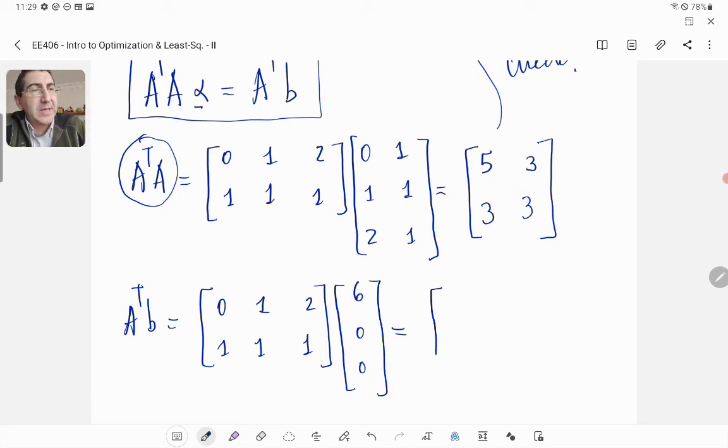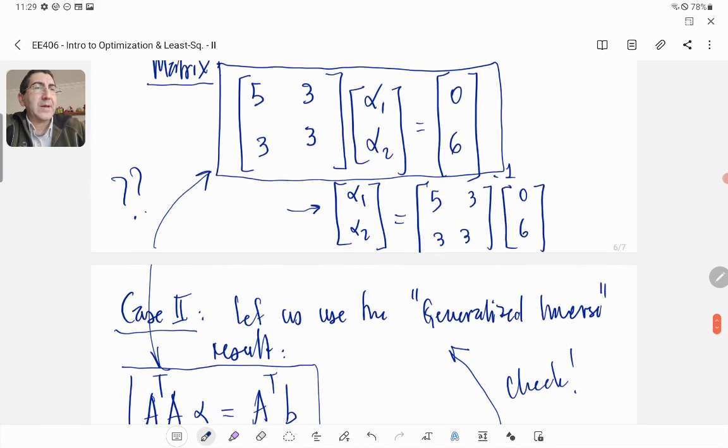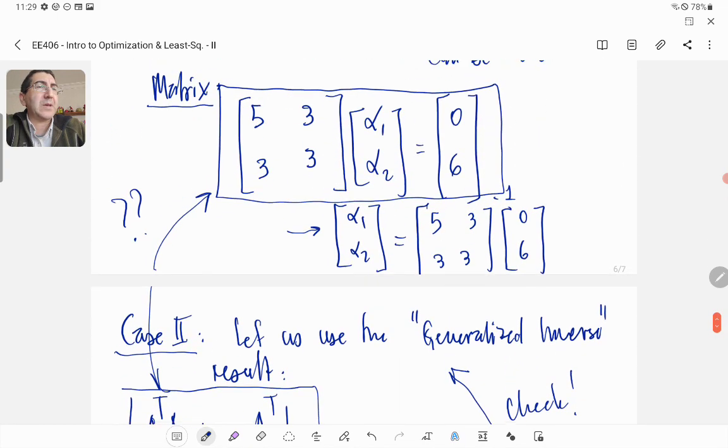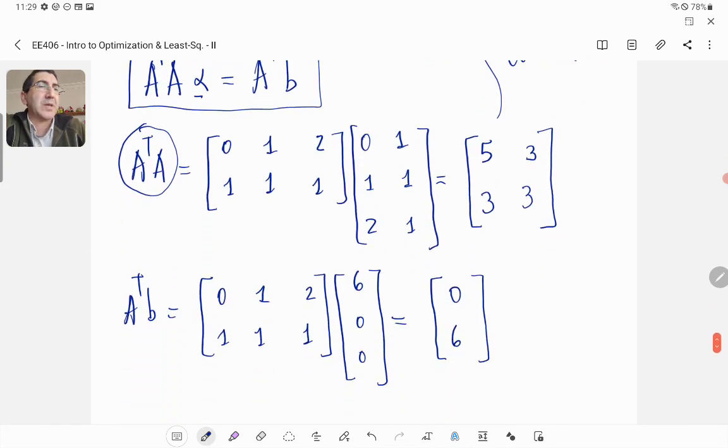So that's going to be a 2 by 1 matrix. 0 times 6 plus 0, so this is 0. And also 1 times 6 plus 0 times 1 plus 0 times 1, so that's going to be a 6. If you look at it, it corresponds to this matrix over here, A transpose B. Again, check.